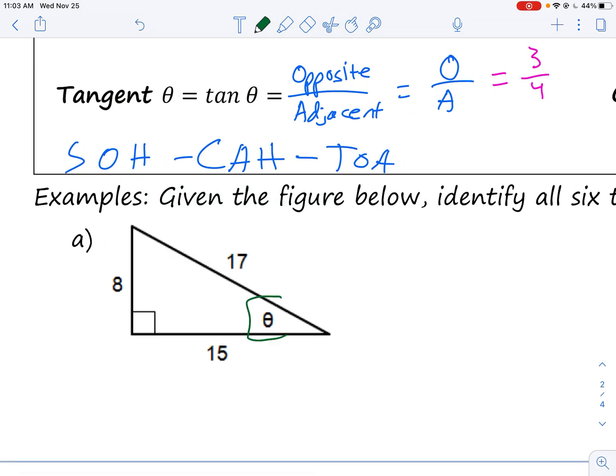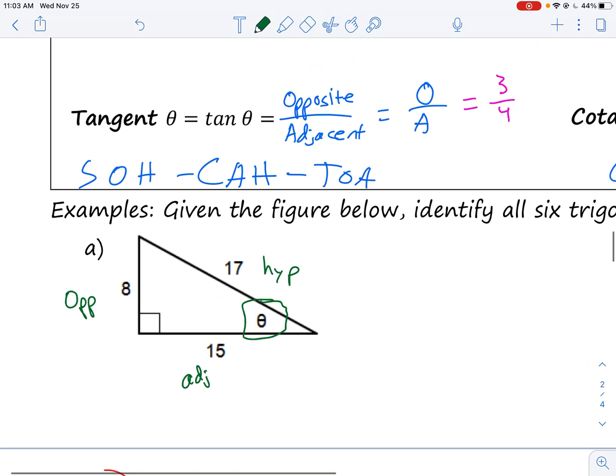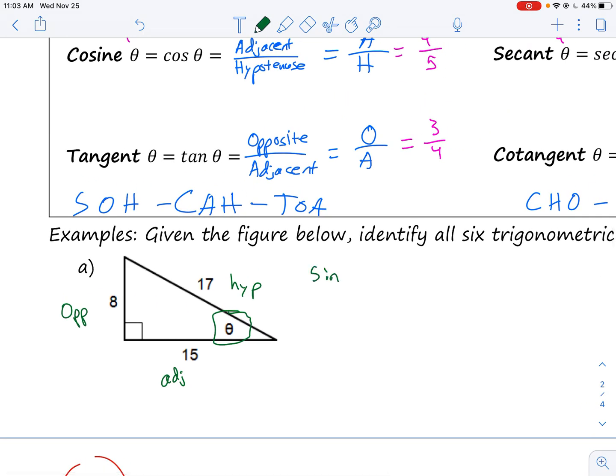This is my reference angle, and you're supposed to write down all 6 trig ratios, which means 8 is opposite, 15 is adjacent, and 17 is my hypotenuse. And so I'm going to start writing out my trig ratios. Sine of theta is opposite over hypotenuse, so that's 8 over 17.